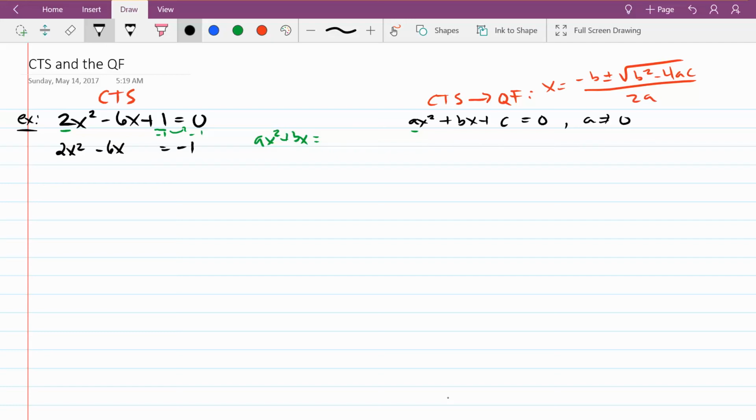Now, with all variables, it tends to get a little tricky. I did put a side note here, a cannot be 0, because if a were 0, this x squared term is gone, and we would have a linear function, which would be much simpler. So this can get a little tricky and confusing with all variables.